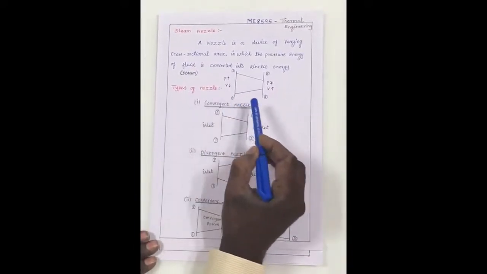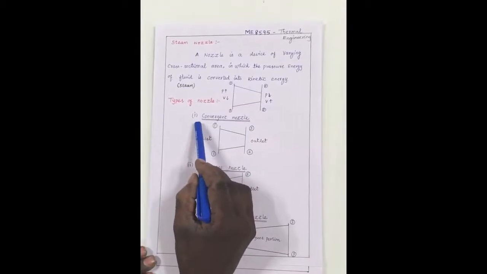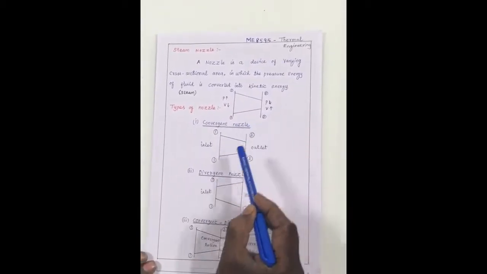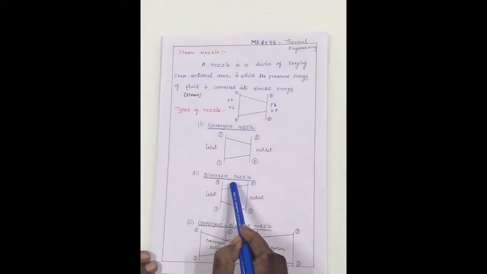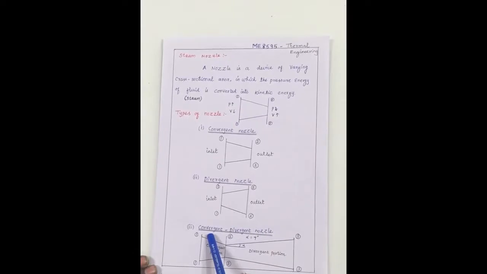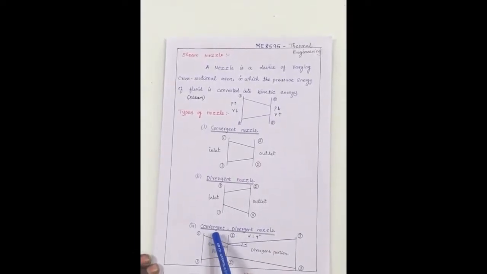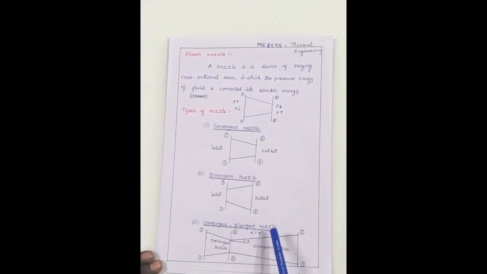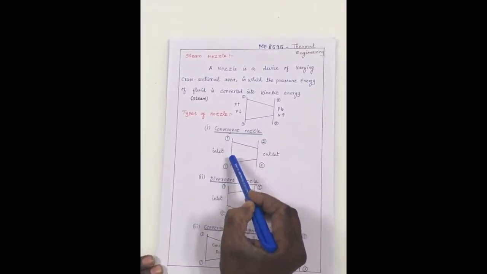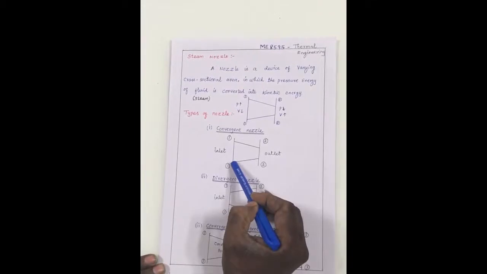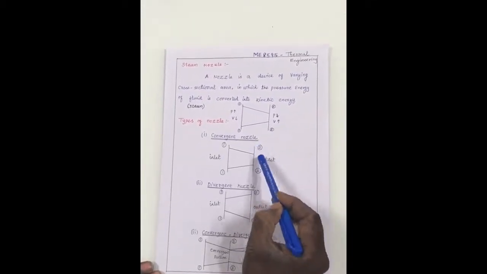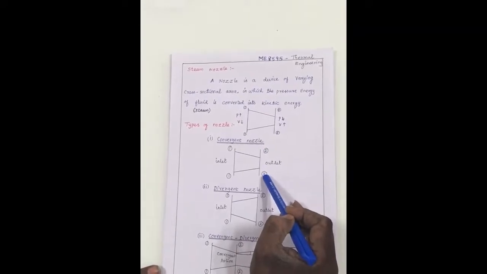Types of nozzle. There are mainly 3 types. The first one is the convergent nozzle, the second one is the divergent nozzle, and the third one, the predominant one, mostly used nowadays, is the convergent divergent nozzle. In a convergent nozzle, the inlet cross-sectional area is higher than the exit or outlet area.